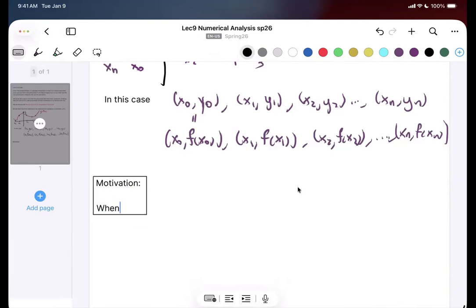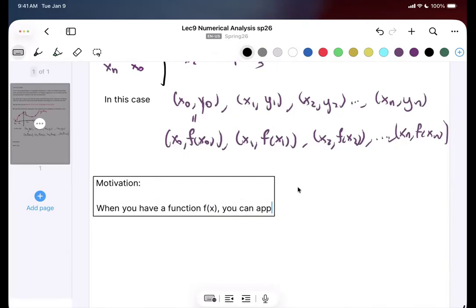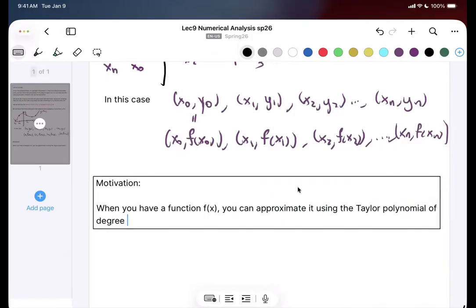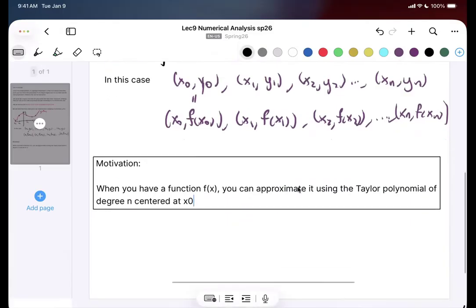When you have a function f of x, you can approximate it using the Taylor polynomial of degree n centered at a particular point, centered at x0.